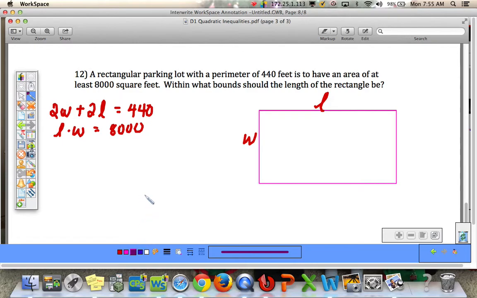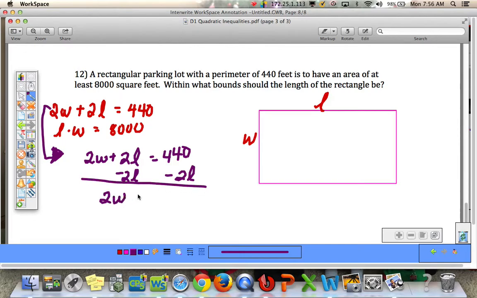So let's solve one of these for W or for L. I'll pick the first one. Let's solve this for W. So we have 2W plus 2L equals 440. Goal, solve for W so we can plug in. So minus 2L from each side. 2W equals 440 minus 2L.